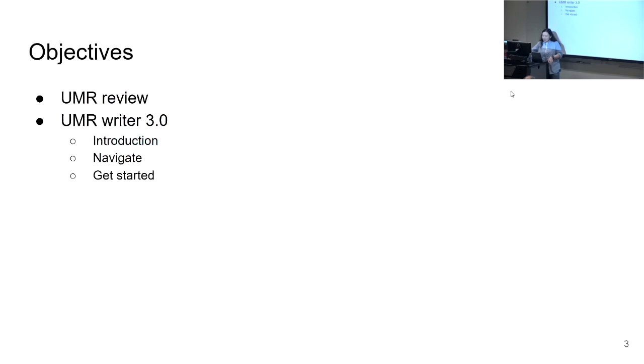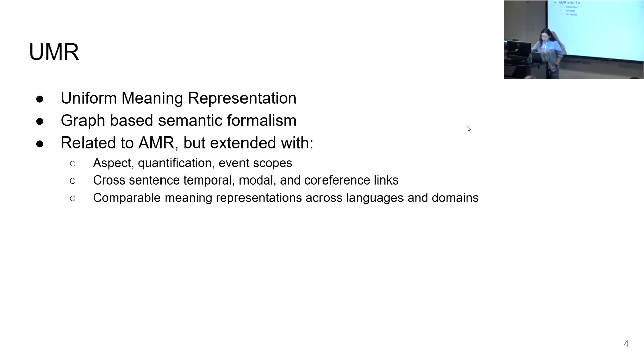So today we'll do a brief overview of UMR, and then we'll spend the entire afternoon helping you get familiar with the annotation tool. I will not spend too much time on this because Julia gave an extensive lecture in the morning. So Uniform Meaning Representation is a graph-based semantic formalism.